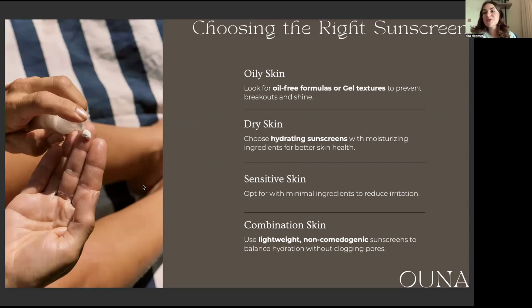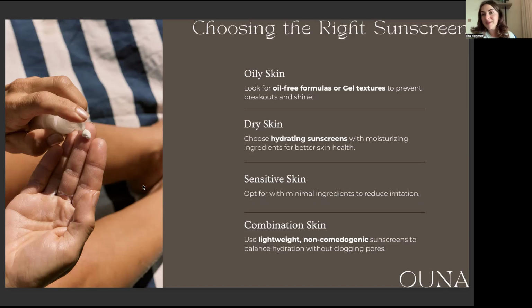And how can you choose the right sunscreen, as we all have different skin types or skin conditions, I would rather say. For different skin conditions, there are different textures that are always better. For oily skins, we mainly want to look at oil-free formulas or gel textures, which prevent shining too much or having breakouts.